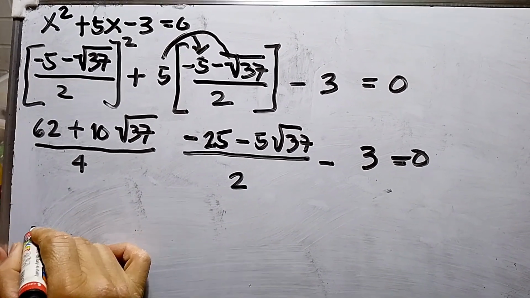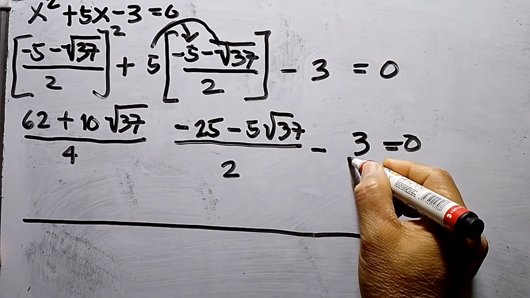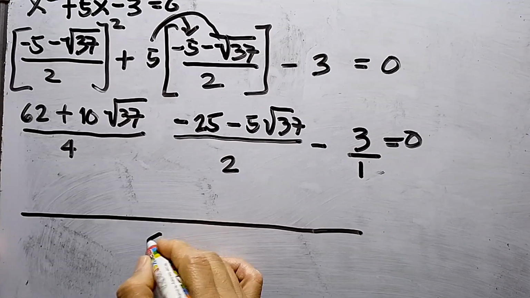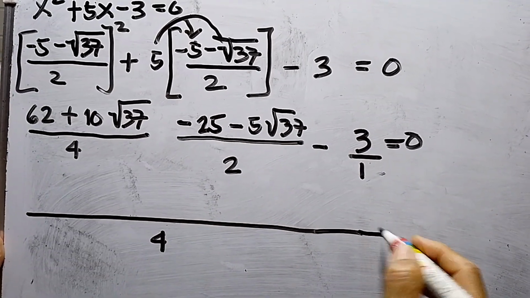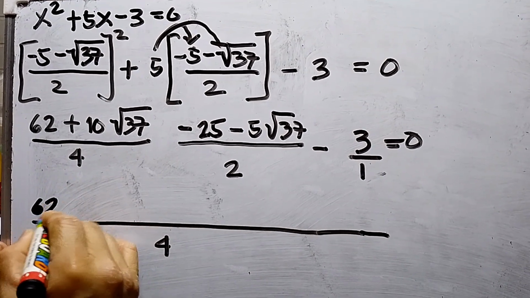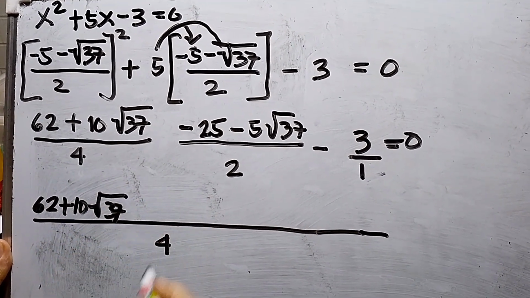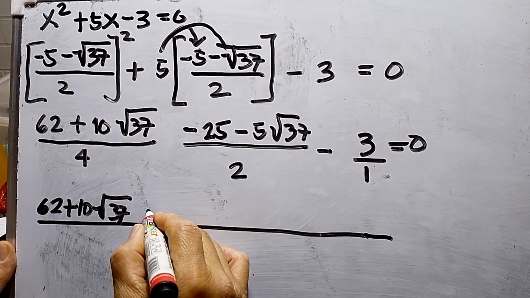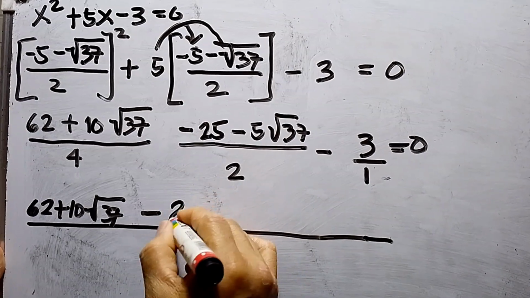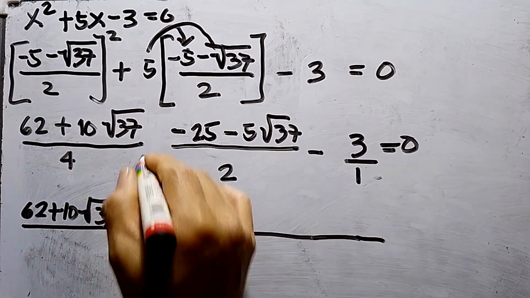So I need to find the LCD. Take note, if there is no denominator for 3, I'll just put 1. So the LCD will be 4. So 4 divided by 4, so I have here 62 plus 10 square root of 37. Then this will be plus, 4 divided by 2 is 2, since there is no sign.